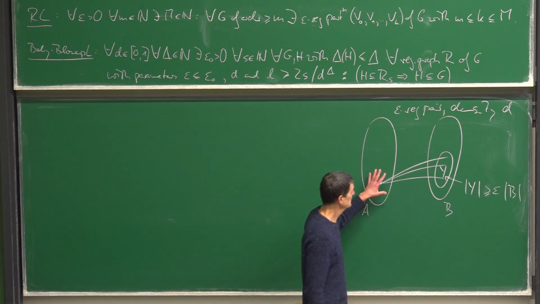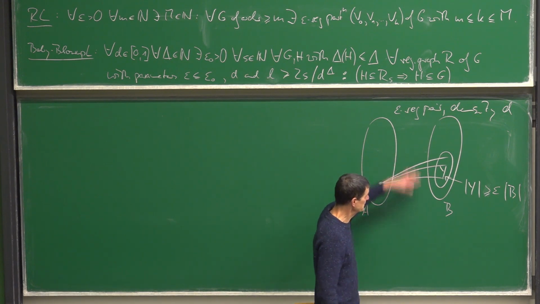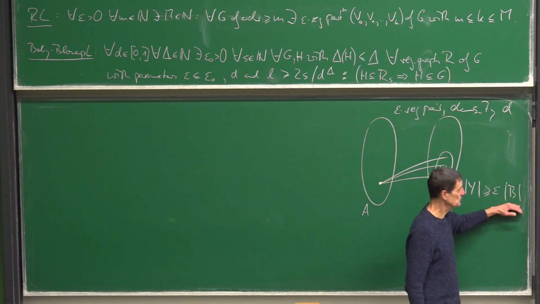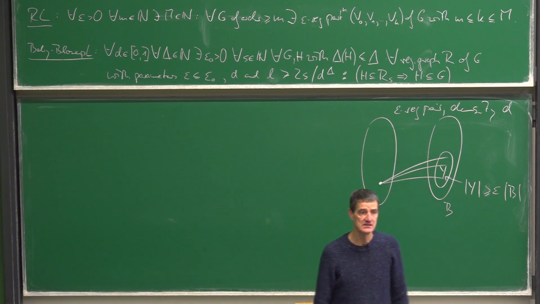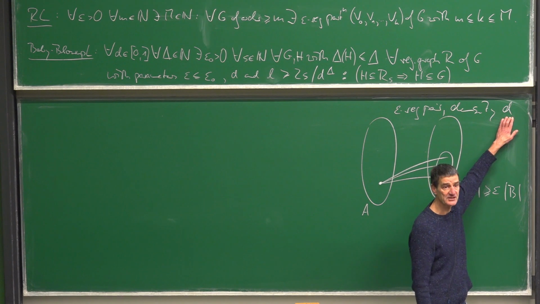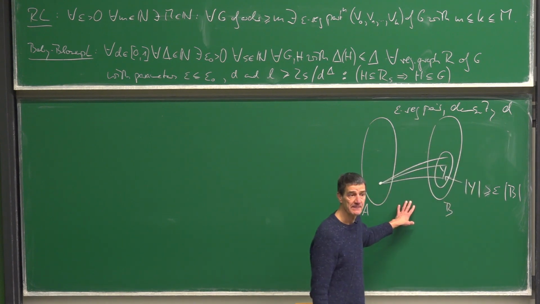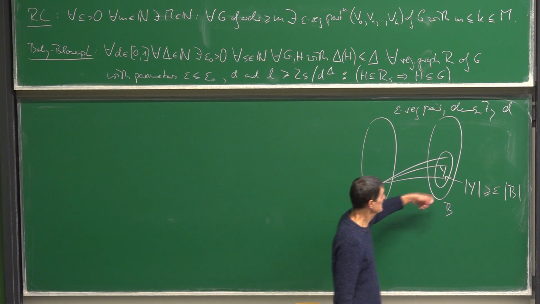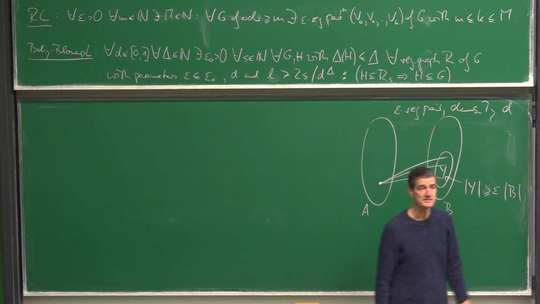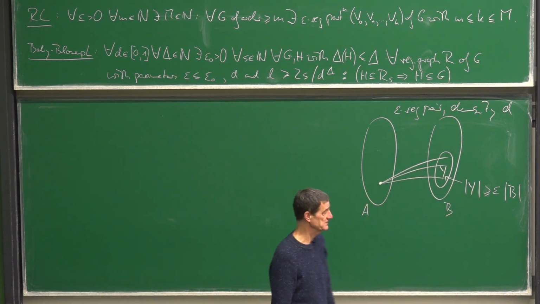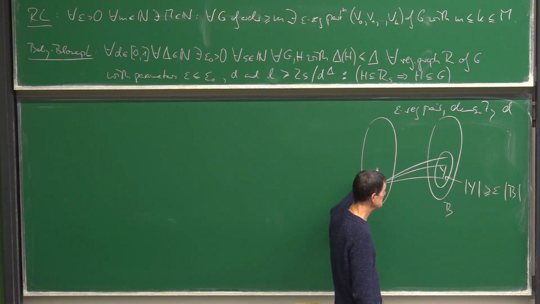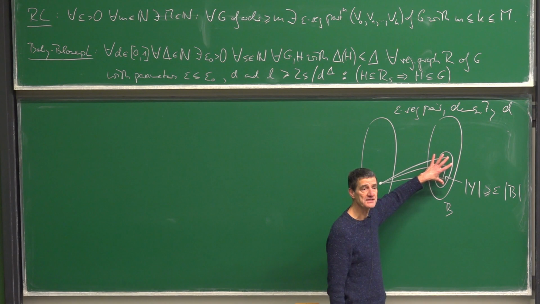So on average, a vertex sends d times the order of B edges across. A proportion d of all possible edges exists. So on average, a vertex is adjacent to the same proportion, d, of its potential neighbors, all the vertices in B. And the lemma says that most vertices here do the same even for this set Y.